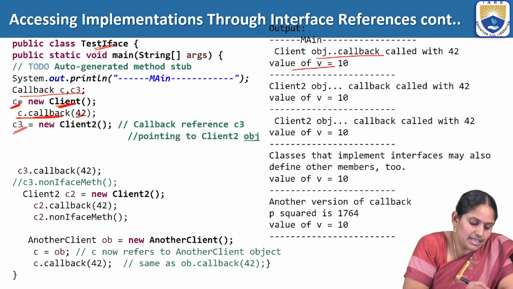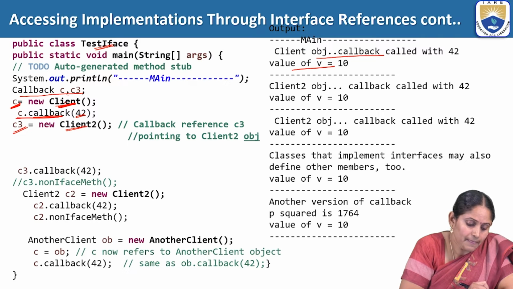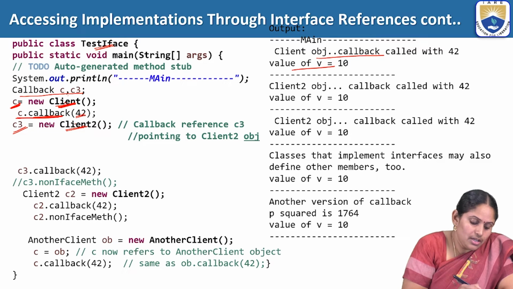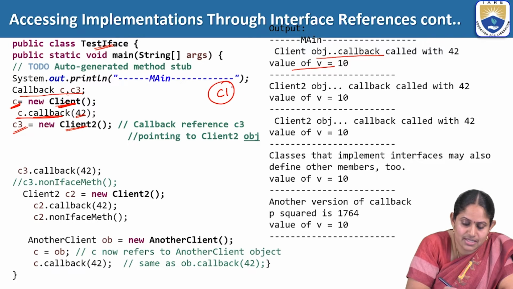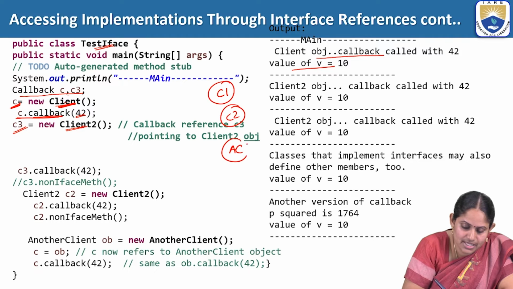Now we have another interface reference variable which is made to point to the client 2. So we have the client object, client 2 object, and another client object.